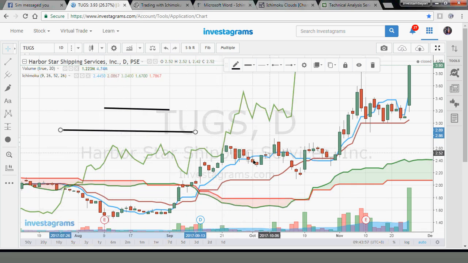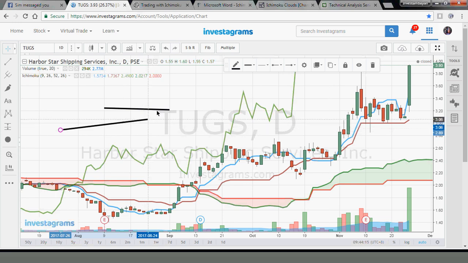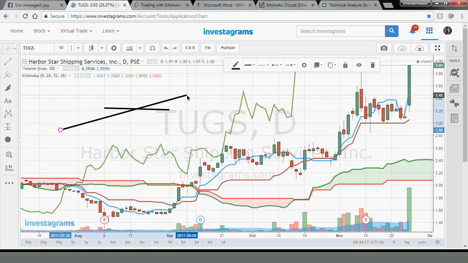Nakikita natin dito si Tenkan-sen nasa taas na, di ba? Uptrend na. Kumikita na yung mga tao. Nasa baba yung longer time frame, si Kijun-sen. Mangyayari, kung may crossover na naman, si longer moving average Kijun-sen, mag-crossover na naman yan, papalitan niya si Tenkan-sen, that is a sell signal.